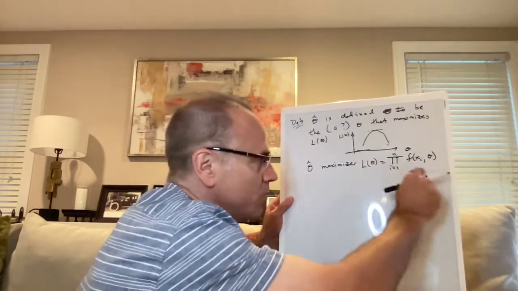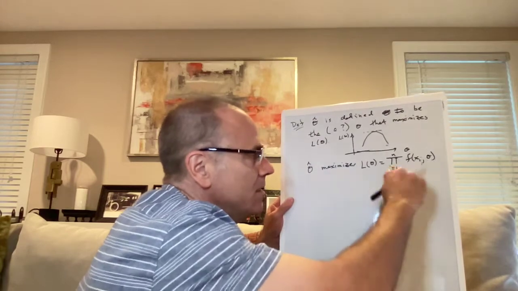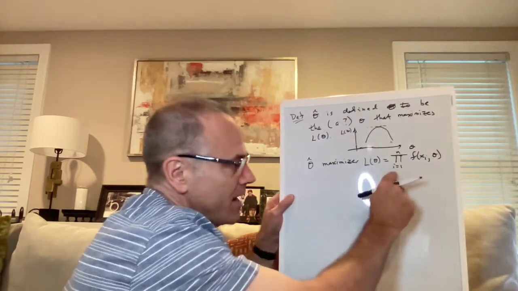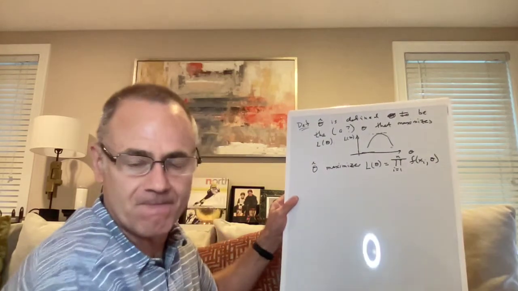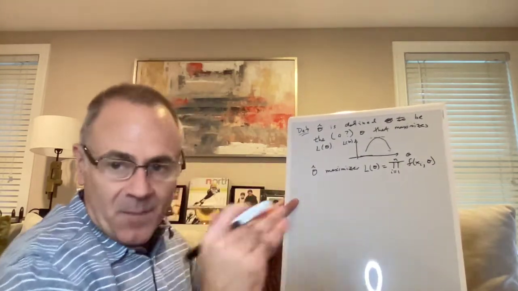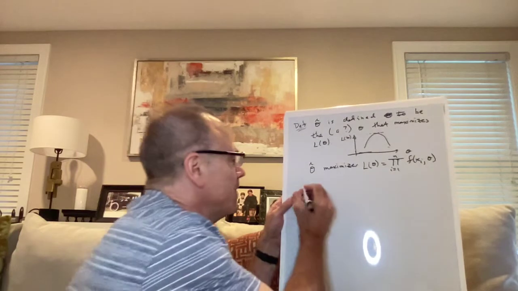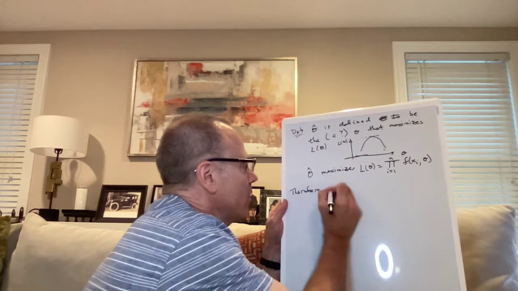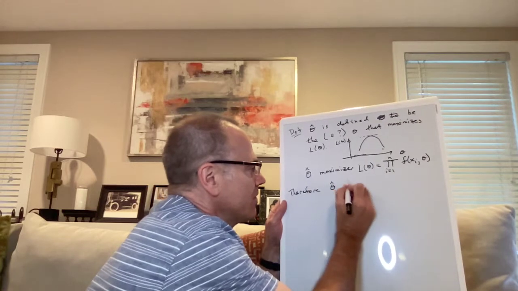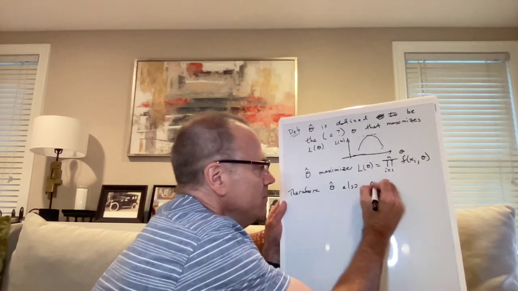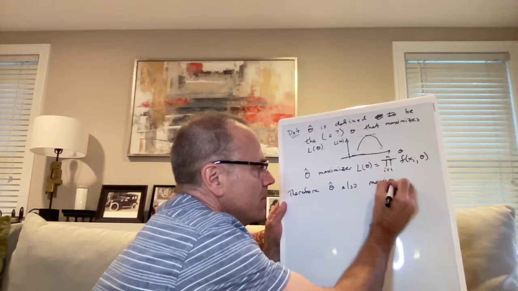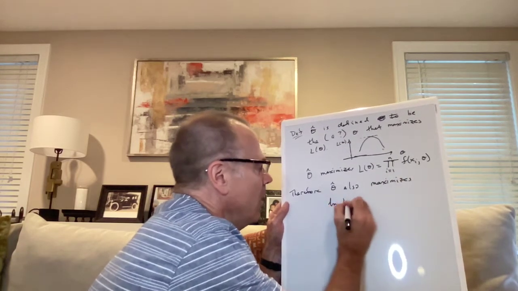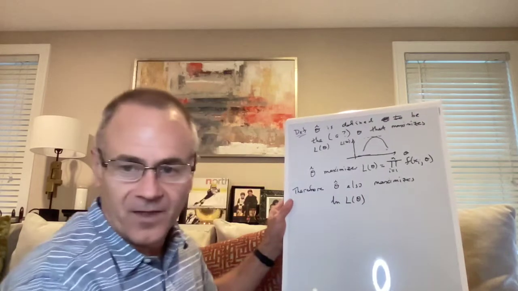Before, we just wrote that out as f of x1, theta times f of x2, theta and so on, but another way of writing it is with the big pi. Theta hat maximizes L of theta. Therefore, theta hat also maximizes log of L of theta.